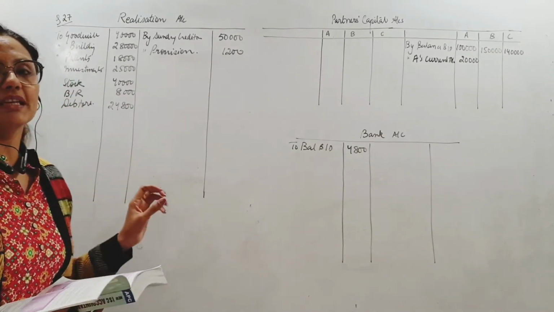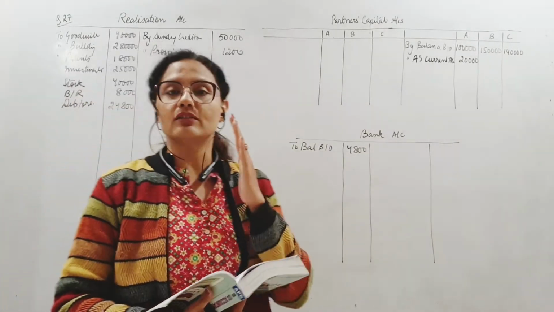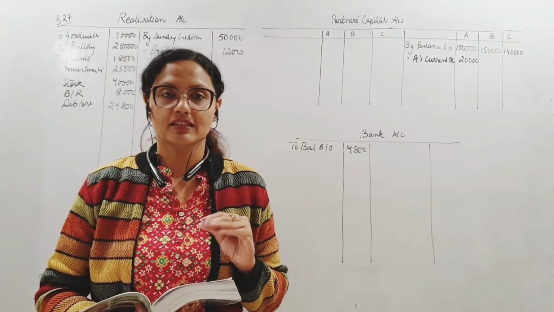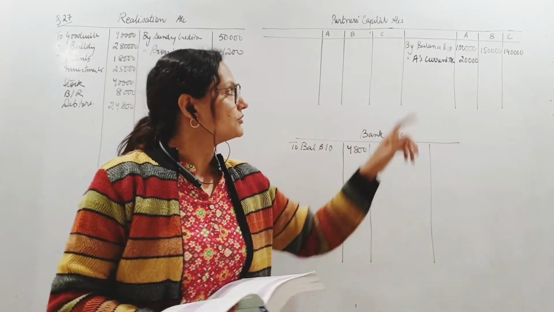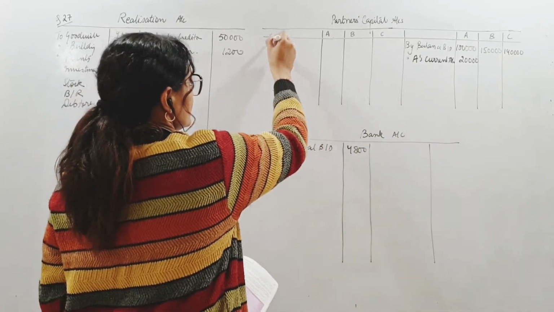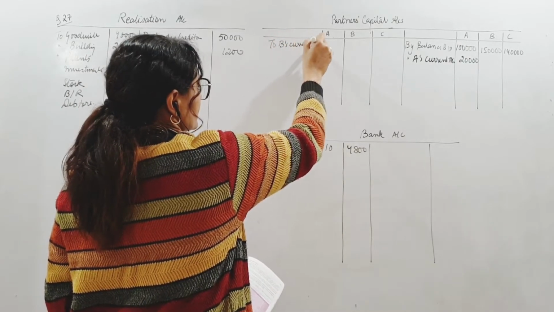Current accounts of B and C are left. Current accounts of B and C have debit balance, that's why they are coming on the asset side. This money the firm has to take from B and C, right? The firm doesn't owe to them, they owe to the firm. Therefore, it should be subtracted from their capitals. Therefore, it is to B's current account.